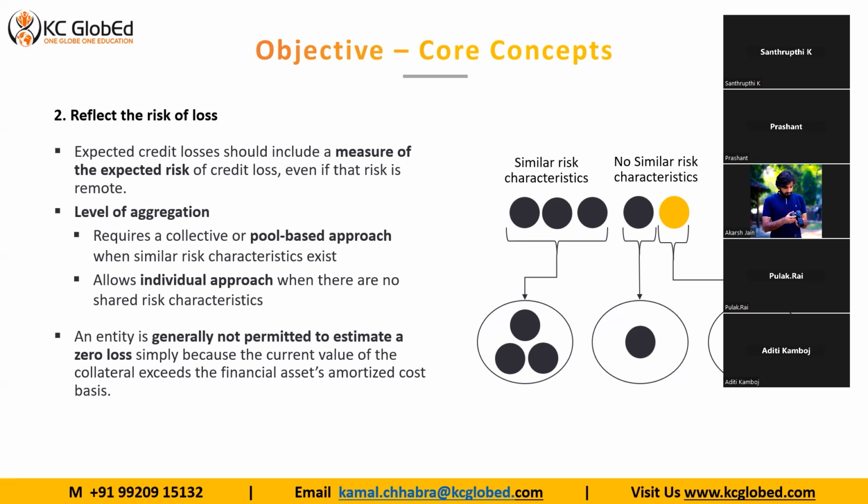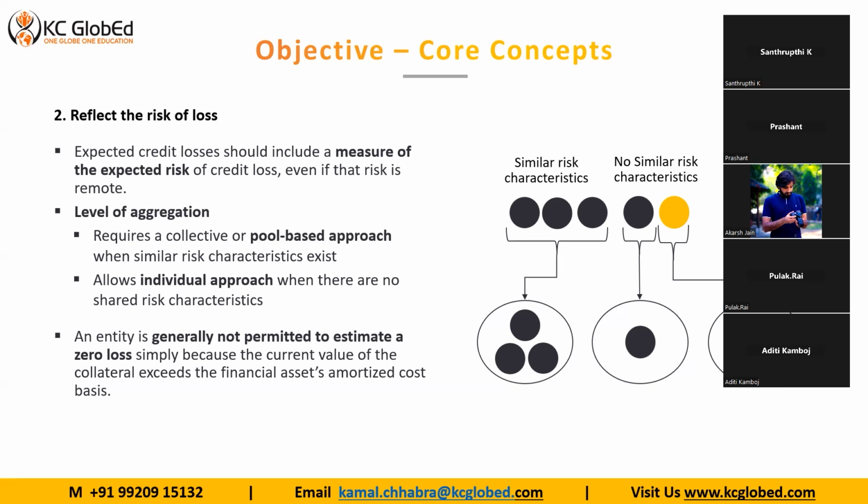Let's assume the property is worth $100,000 and you have taken a loan of $80,000 from the bank, and you have given the $100,000 property as security to the bank. But does it mean the bank should not recognize any credit loss if you are a defaulter? The answer is no.